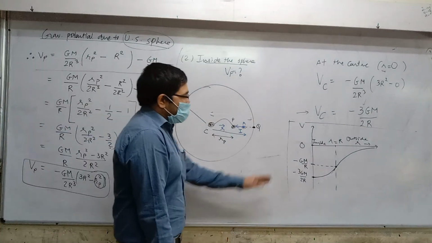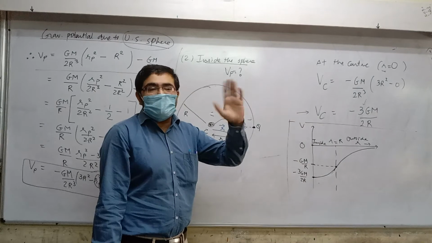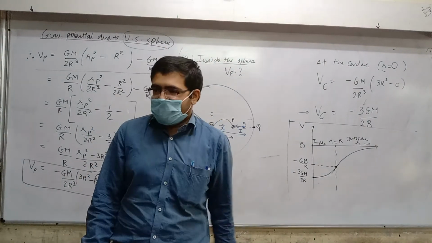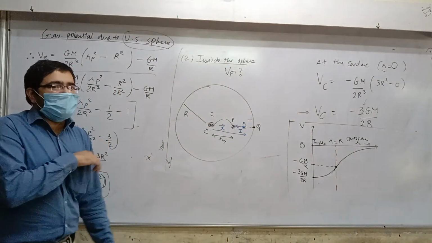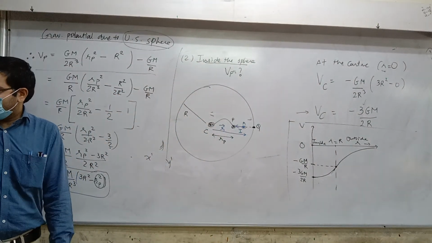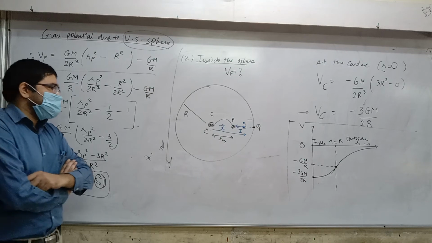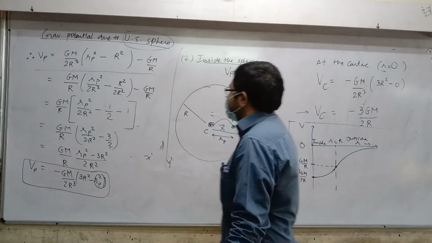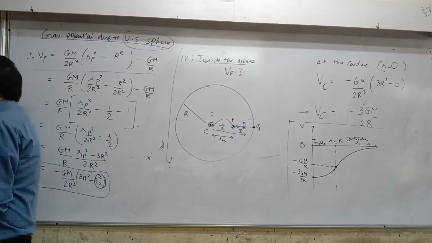So that's the graph for the potential of a uniform solid sphere. There are many different graphs. Can you memorize the graph?